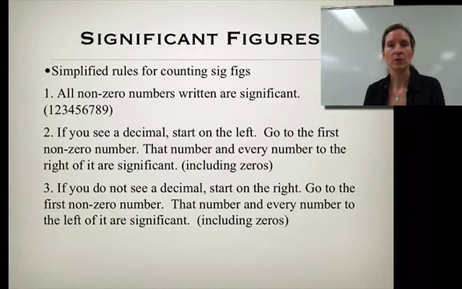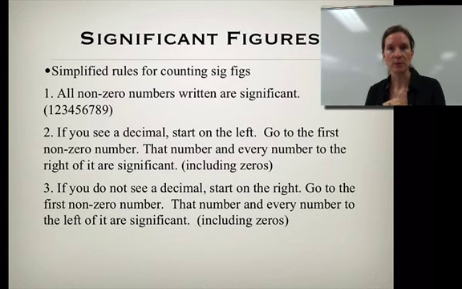Those 5 rules are the rules to the game. They're the ones that most people memorize. On this screen, I have more simple rules that will be our long-lasting rules that I remind you of most frequently. First rule is still the same as the first page: all non-zero numbers are significant. Then we look at our number and decide, does it have a decimal point or not?